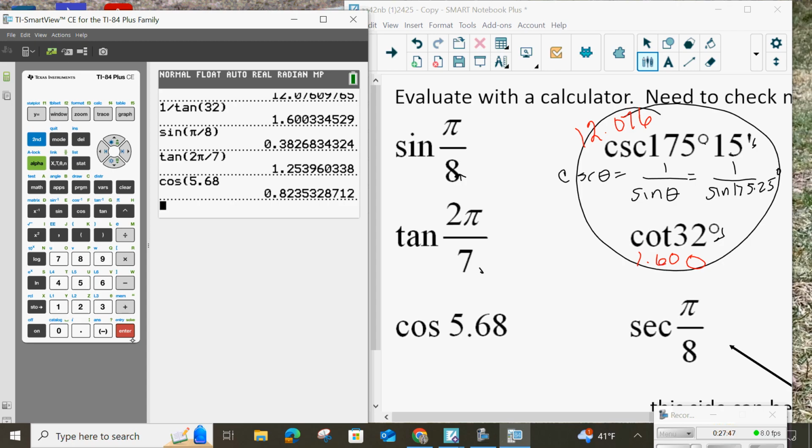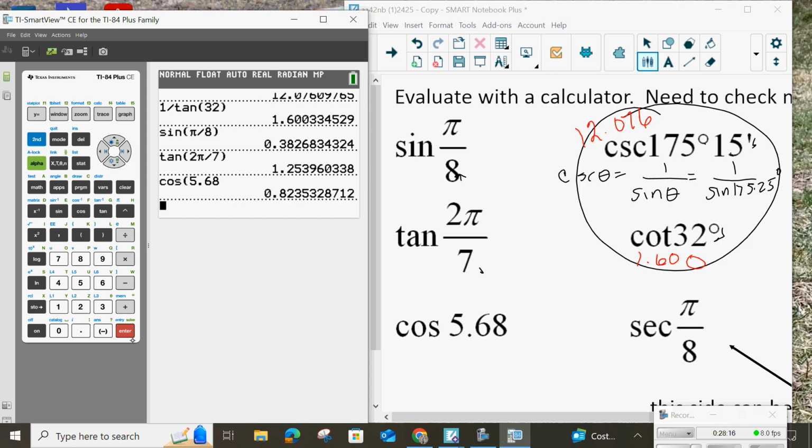Does it make sense that sine and cosine are lower than 1? Why, Joshua? Good, I'm dividing by the hypotenuse, which is always bigger. Tangent is involved in opposite and adjacent. Those don't have any rules, right? So that can be anything. Is everybody okay with those 3 answers?